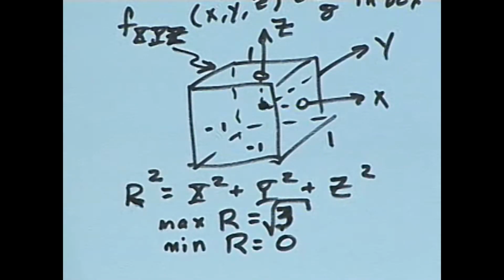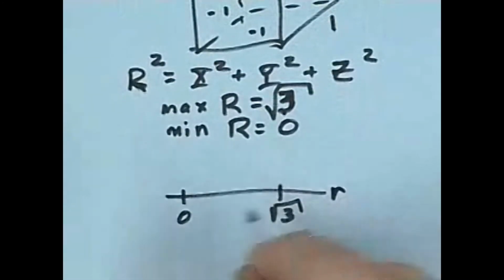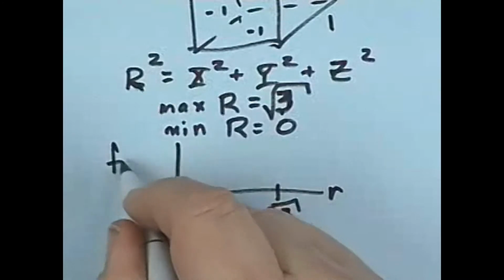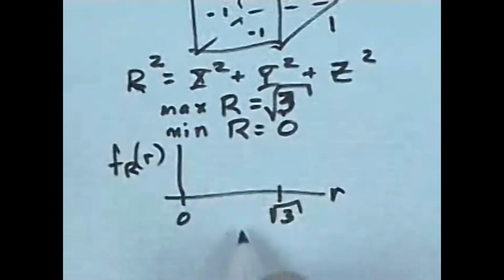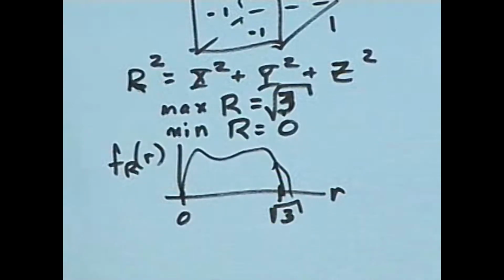Do you agree with that? So therefore the range of the random variable is over the interval from 0 to root 3. We're not sure exactly what it's going to look like, but once we compute the density function for r, it is only going to have mass over the interval from 0 to root 3. Okay? So that's what we're asking in problem A.